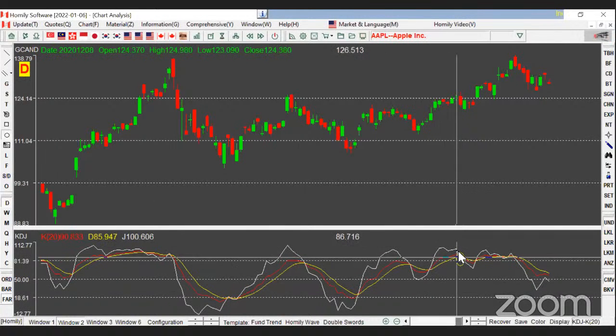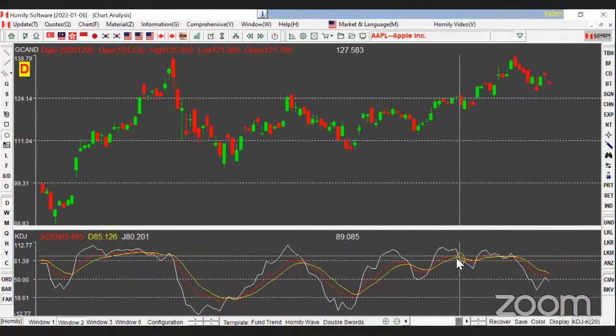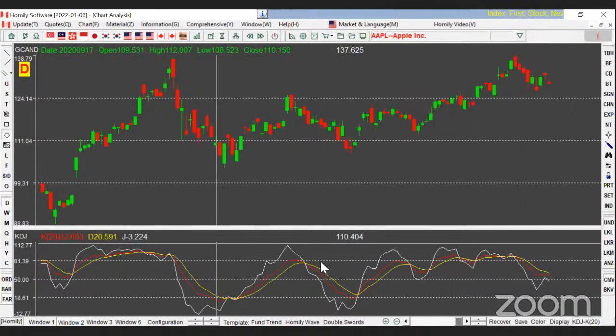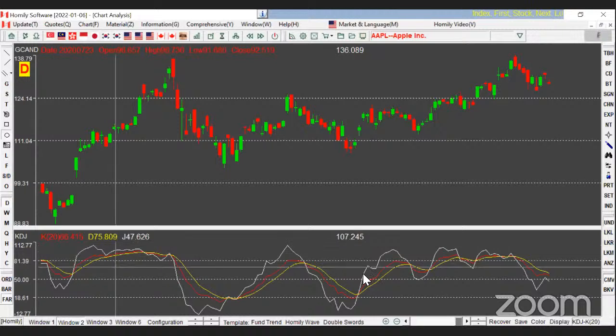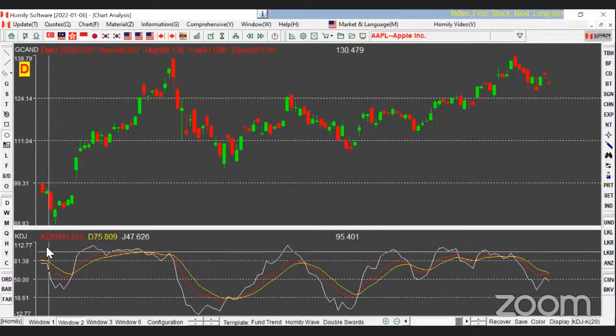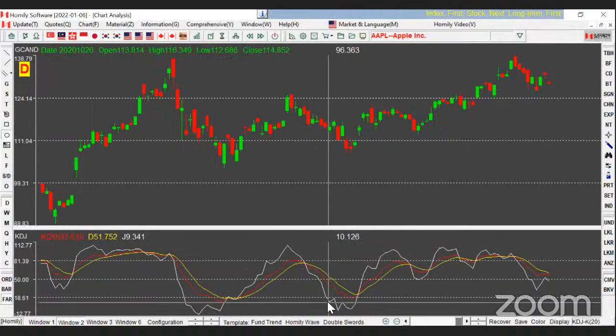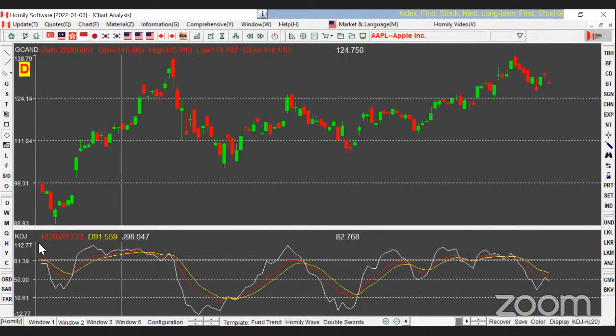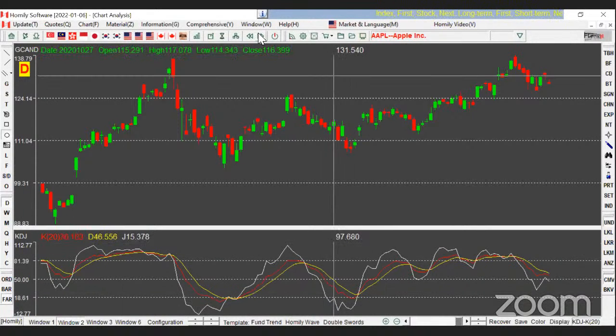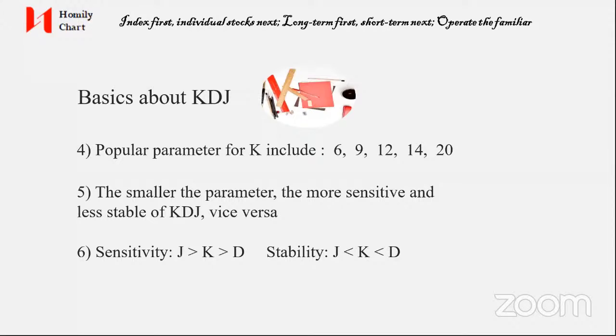You will understand why there is false signal here. Okay, but now I'm showing you the parameter for K. The bigger the parameter, the more stable, but the slower the indicator, right? Okay, so if I switch back to the slide, so these are the basics about KDJ.